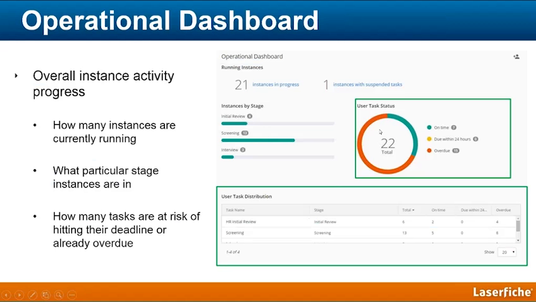And you can see how many tasks are at risk of hitting their deadline or already overdue as well. So of course, organizing your process into distinct steps helps to identify exactly where in the process each instance is at. And this operational dashboard is automatically generated for every active process and provides a way to quickly see your overall instance activity.